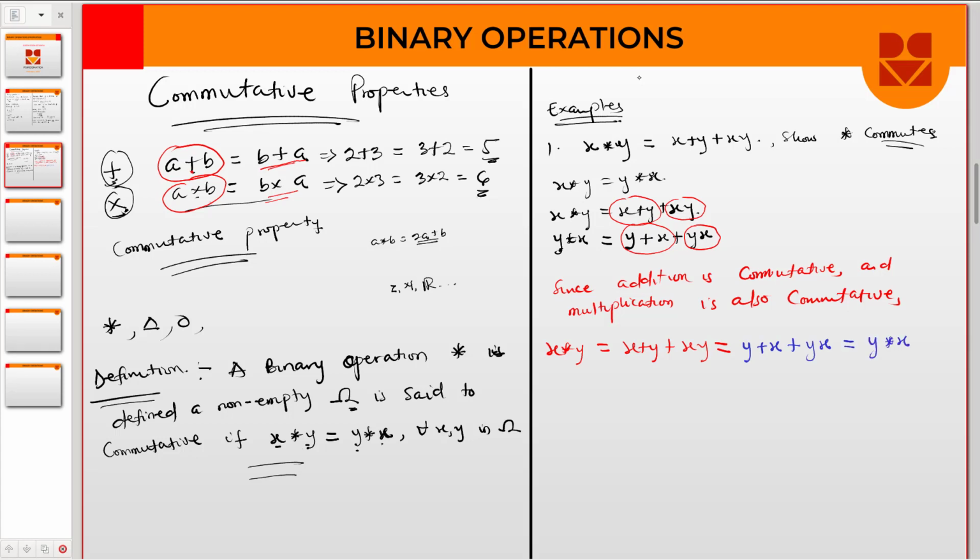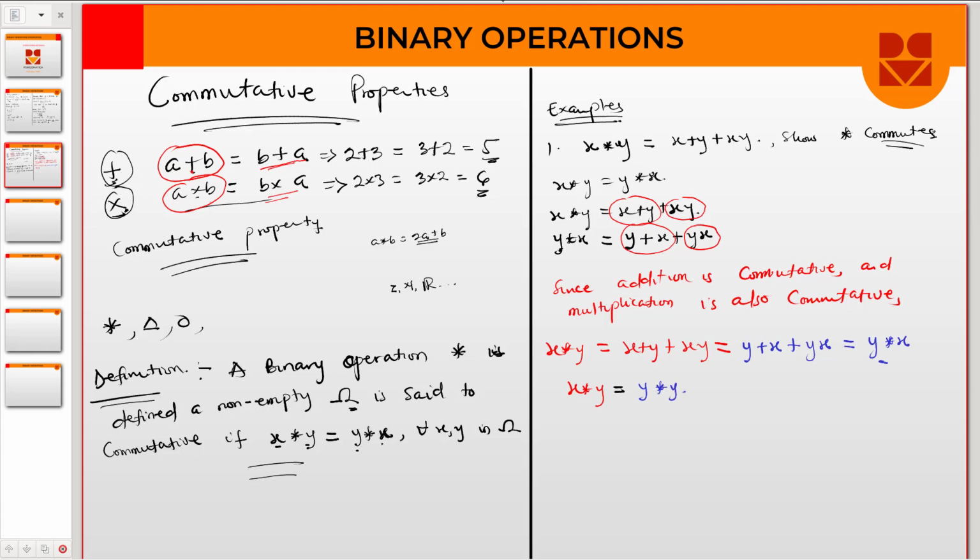So what we are saying is that x star y, its definition is x plus y plus xy, and y star x, its definition is y plus x plus yx. But since addition and multiplication are both commutative, it means that x star y is equal to y star x.